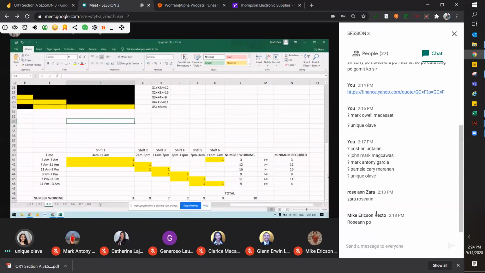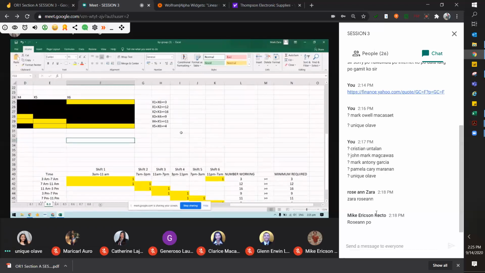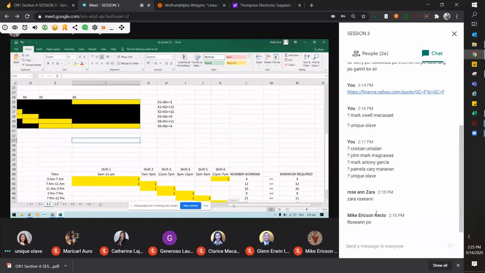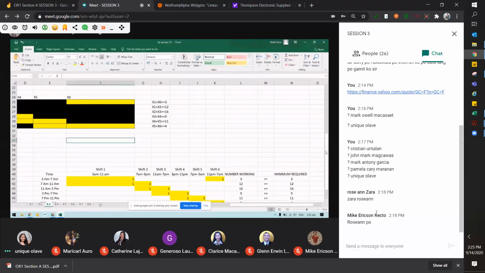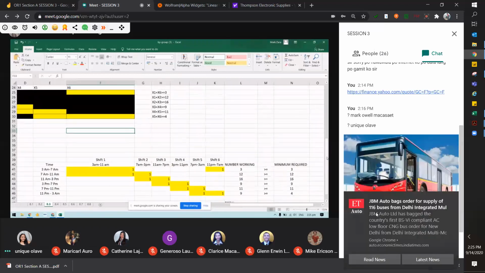Next, anong sabi dyan? So, mga mag-shift ng X1, X6. So, parang ang shift nila, buong shift ay from 11 p.m. hanggang 7 a.m. Tama po?